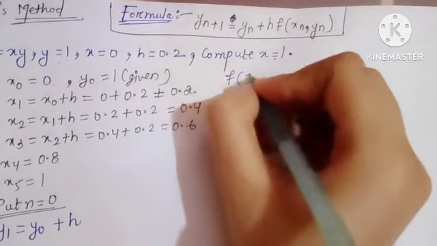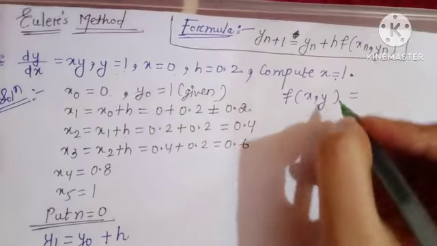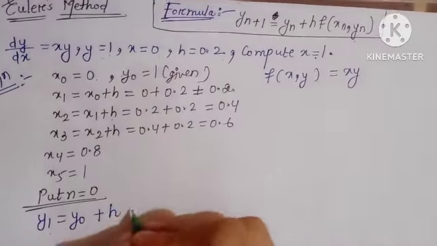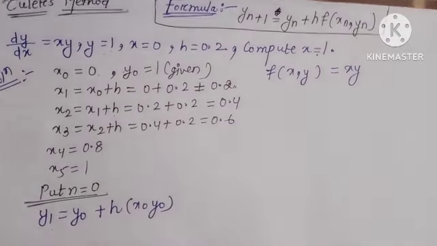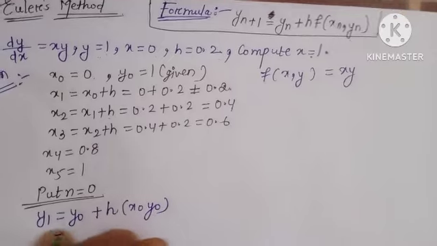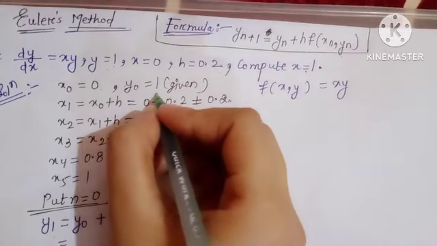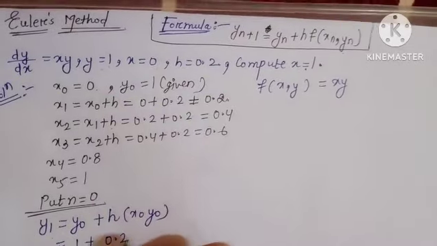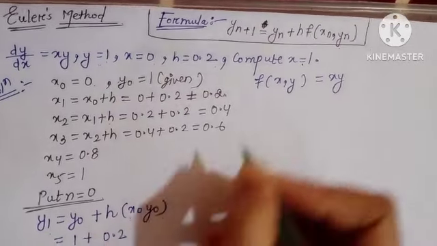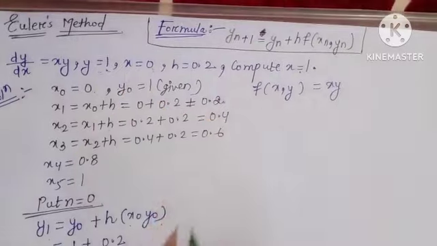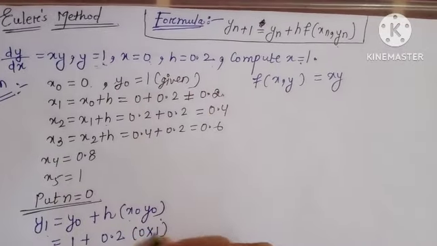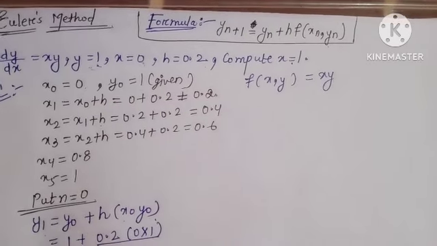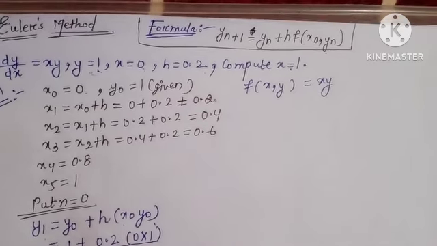The value of f(x, y) is xy. So now substitute the values. The value of y0 is 1 plus the value of h is 0.2 into x0 times y0, which means 0 into 1 is 0. So here the whole term will become 0. So y1 we got 1.